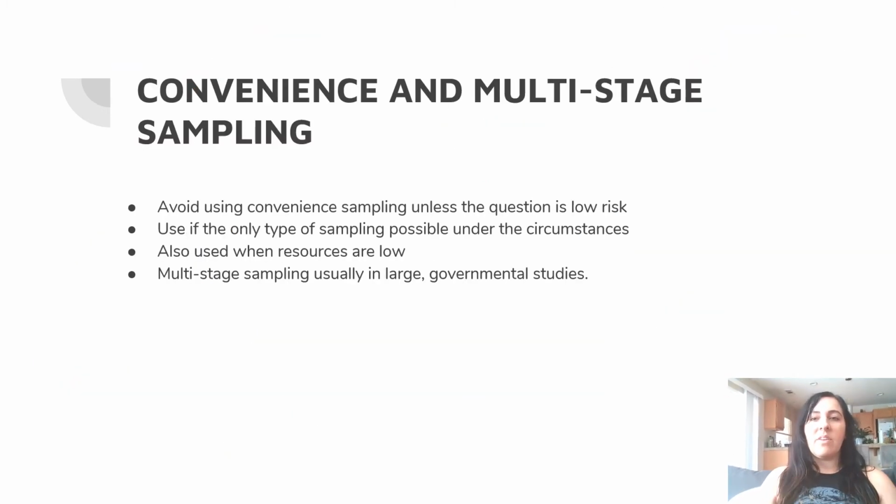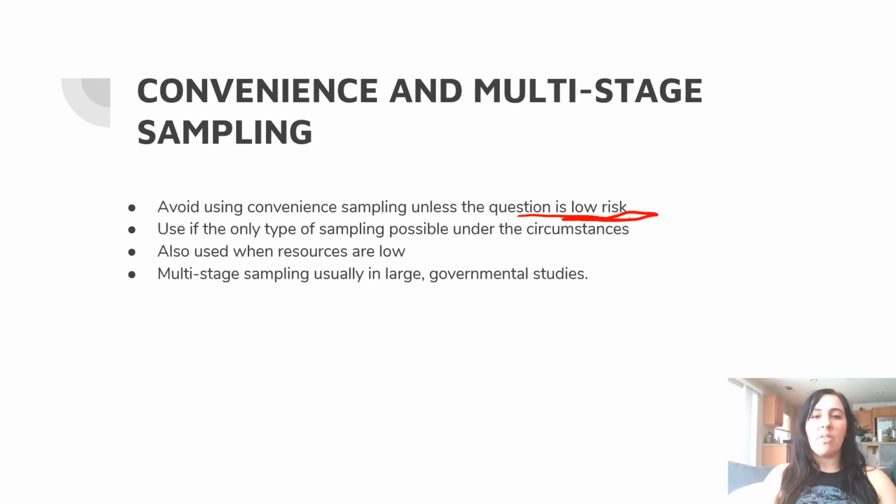Okay, so convenient and multi-stage sampling, basically looking at the limitations of both. You should avoid using convenient sampling unless the question is low risk. Low risk questions are more generic kinds of questions.